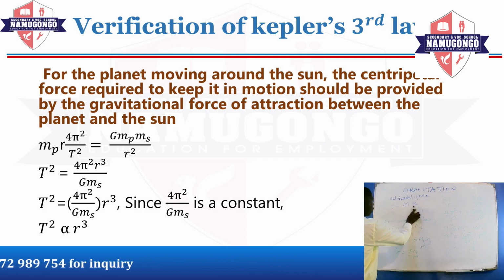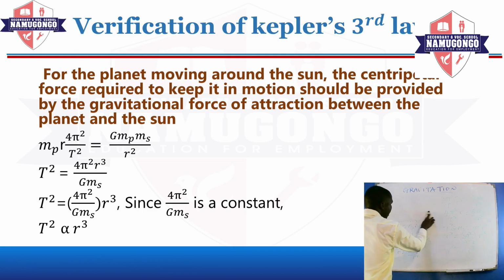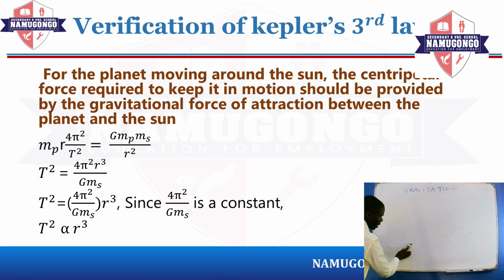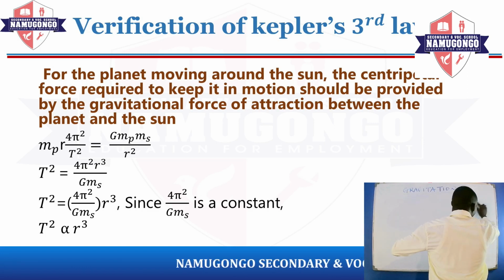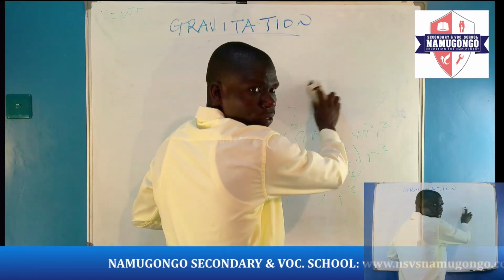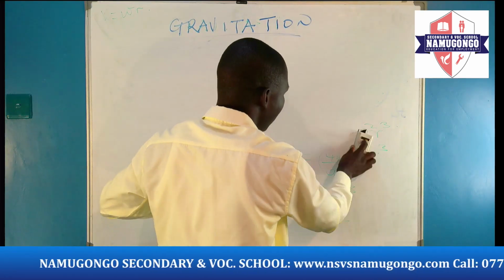We are also going to look at how to derive the mass of the sun. For us to come up with that, we shall consider the earth revolving around the sun.